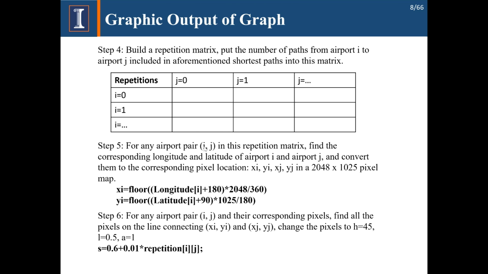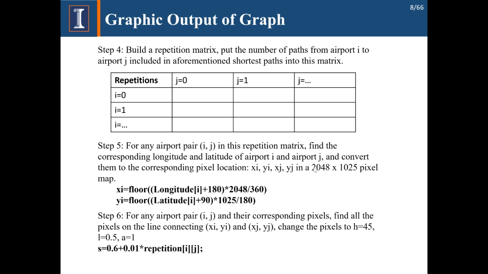The next step is to get the corresponding longitude and latitude of airport I and J shown in this repetition matrix, and convert them to a corresponding pixel location in a 2000 by 1000 pixel map.